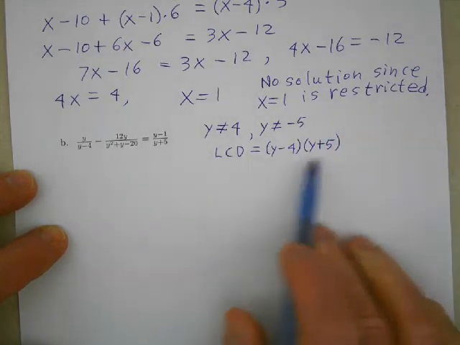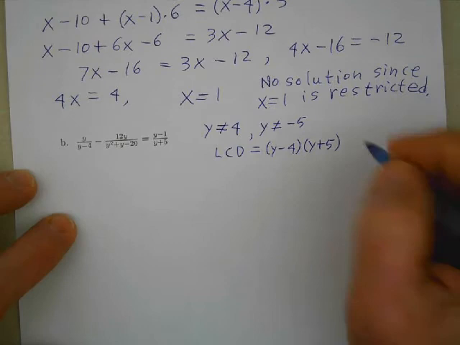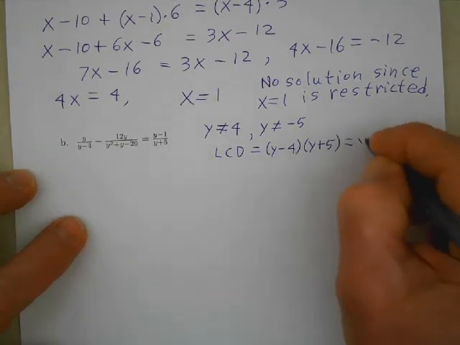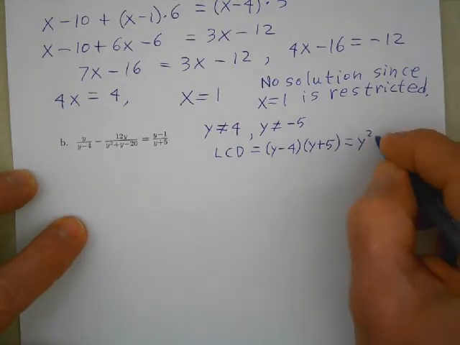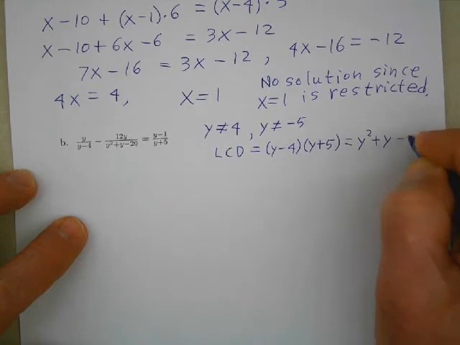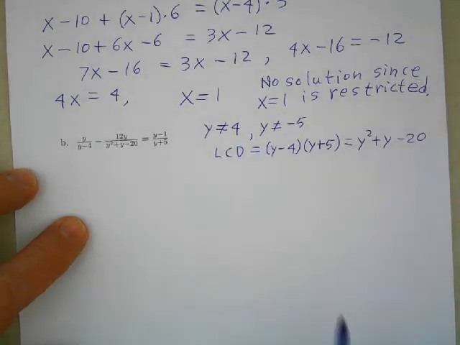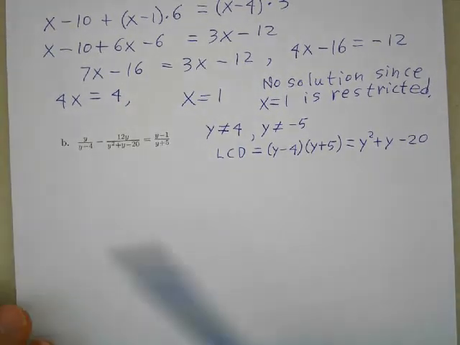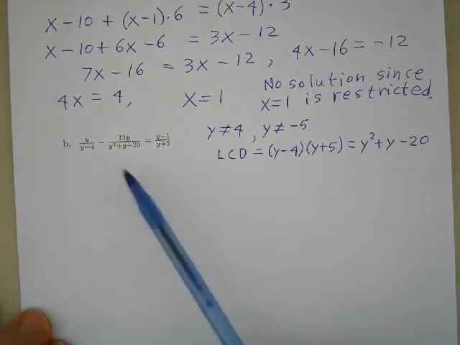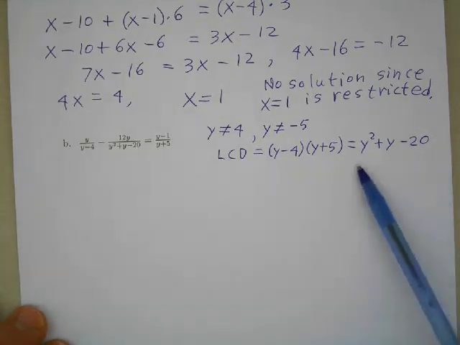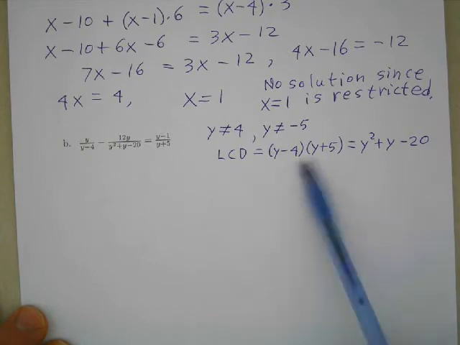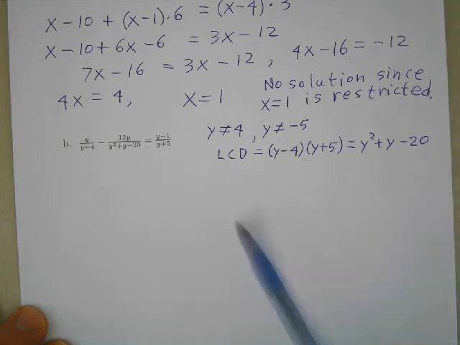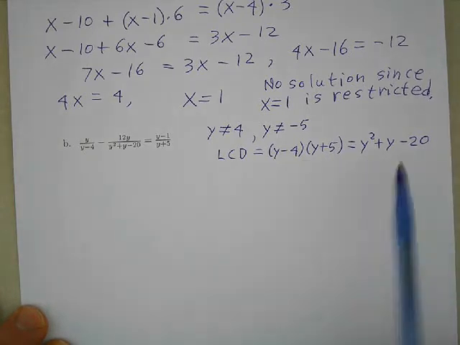And if you want to write the least common denominator in expanded form, you can. It's y to the second plus y minus 20. Okay, and just like in part A, we're going to multiply every term on both sides by the least common denominator, either in factored form or expanded form, whichever is more convenient.